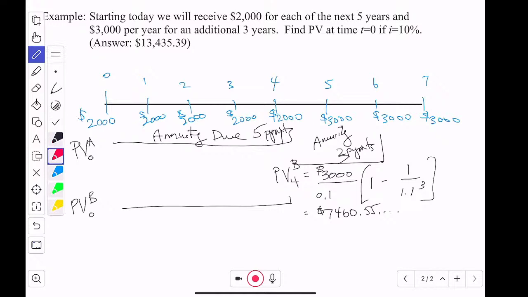And I'm going to make a note, always make a note. I stored it as a negative. Now, I'm going to discount that 4 periods to get that answer.